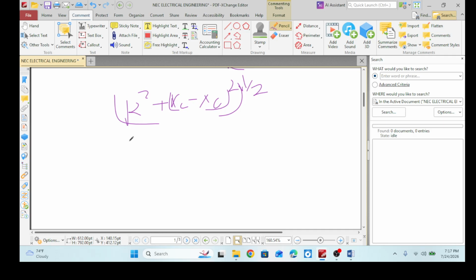Okay, now case number 1: XL is greater than XC. That means it is a certain value, and its square is a positive value, plus R square, let us suppose that would be Z1.